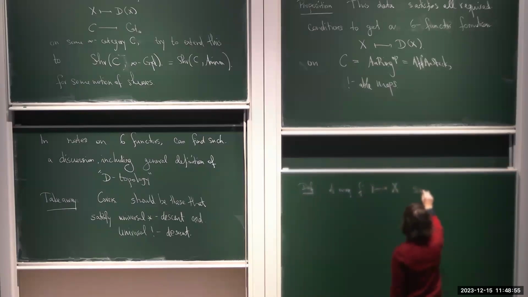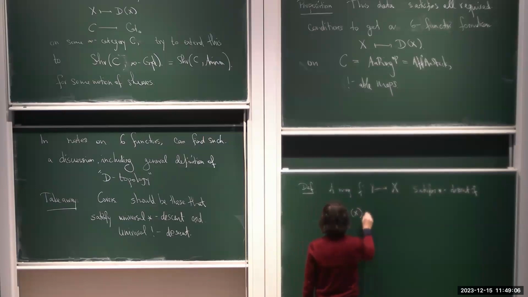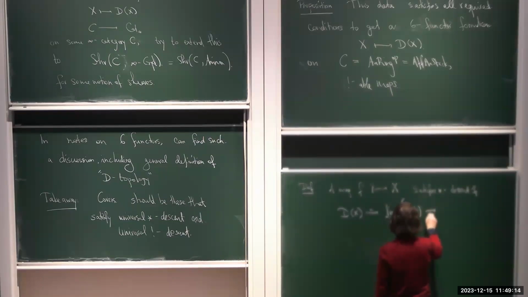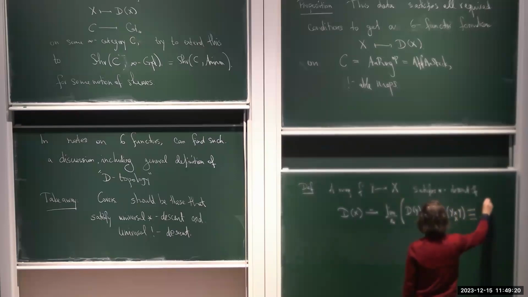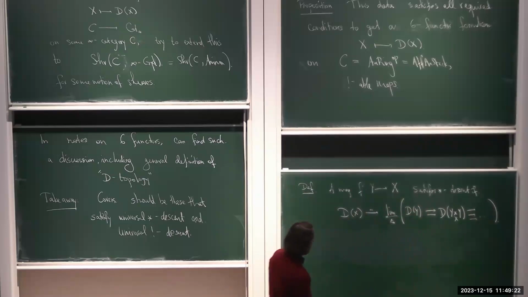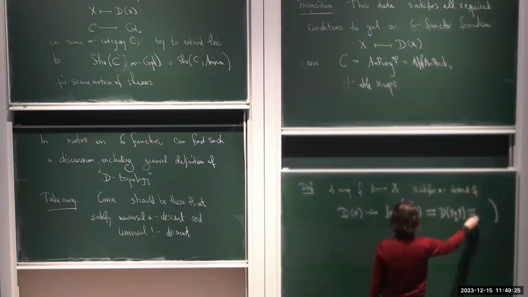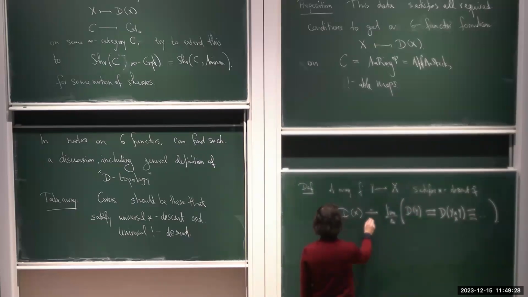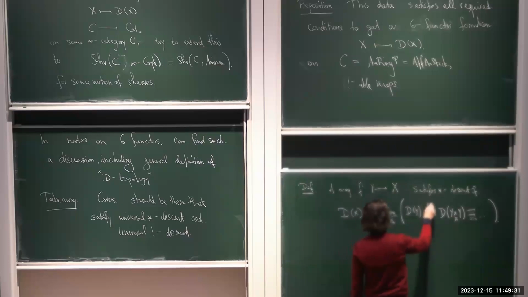Let's say a map p satisfies star descent if X is isomorphic to the limit over Delta of p upper star of Y with its two maps, in a whole simplicial diagram, where this here is a pullback, and then here is p1 upper star, p2 upper star, and everywhere you put upper stars.